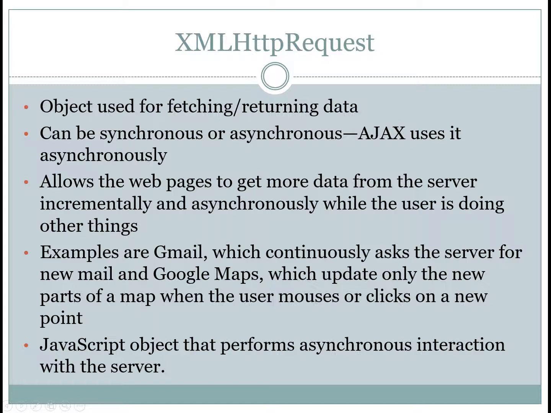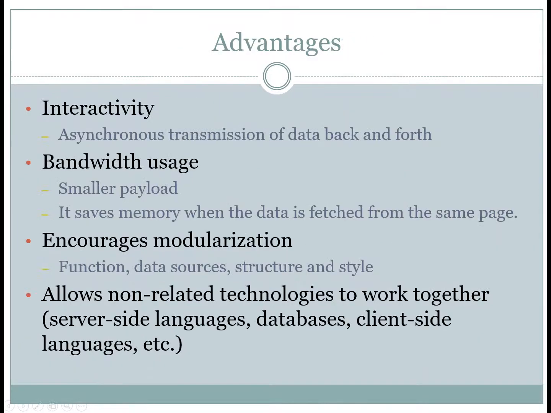Examples are Gmail, which continuously asks the server for new mail, and Google Maps, which updates only the new parts of a map when the user mouses or clicks on a new point. It's a JavaScript object that performs asynchronous interaction with the server.